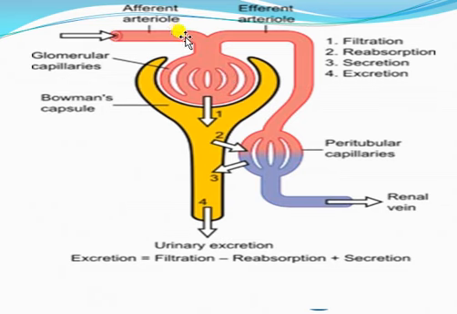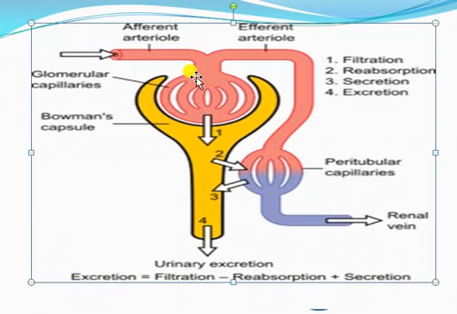The renal artery, the afferent arteriole, enters the glomerulus, then it divides to make small capillaries, then after that it leaves as the same artery, which we can call the efferent arteriole, leaving from the Bowman capsule.